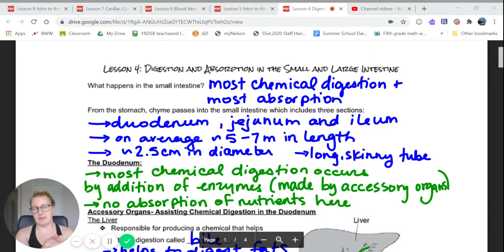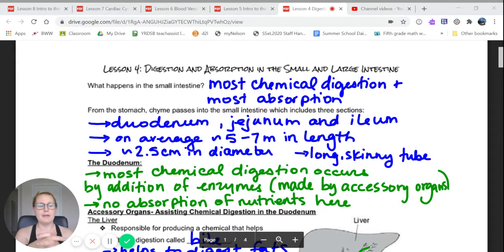So the small intestine, which is the next section after the stomach, is the location where most chemical digestion occurs, as well as absorption of most of the nutrients. So far we've seen chemical digestion in two places. One was salivary amylase, which was breaking down starches into maltose, and the second was pepsin in the stomach, which is starting to break apart those huge proteins.